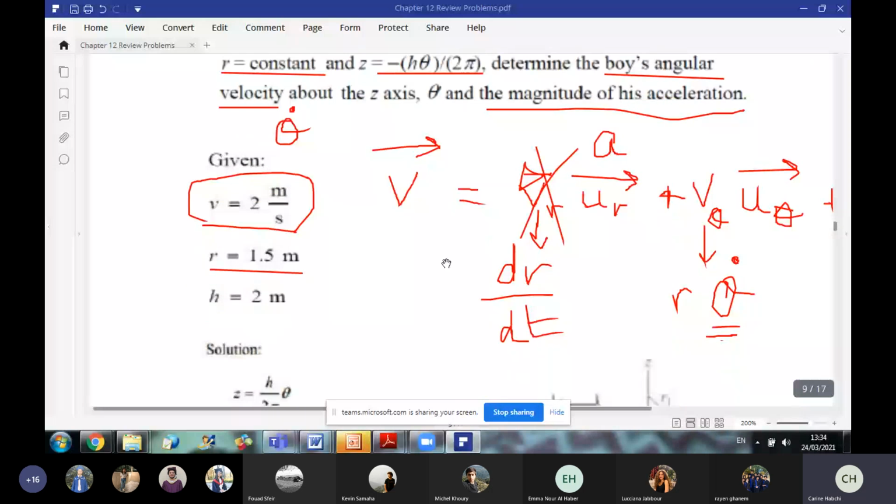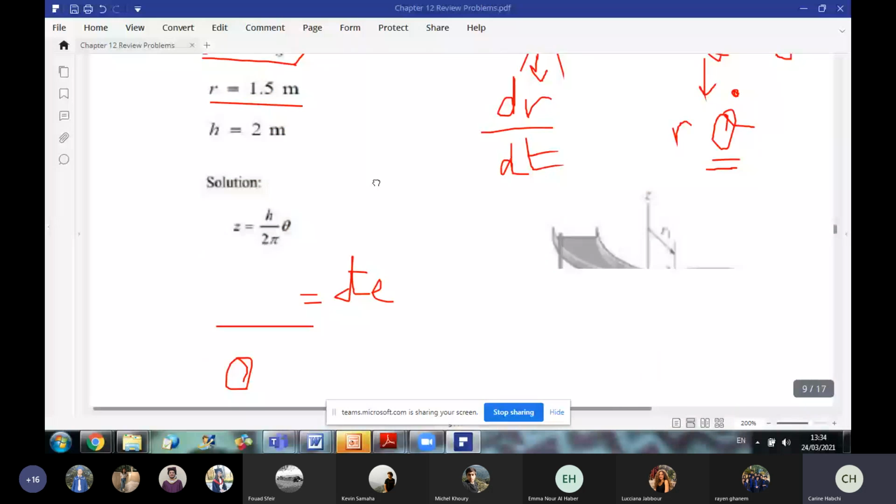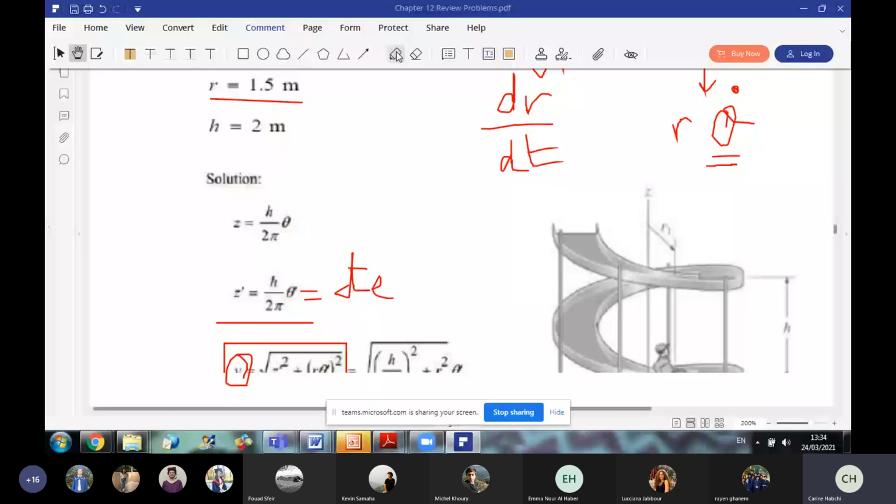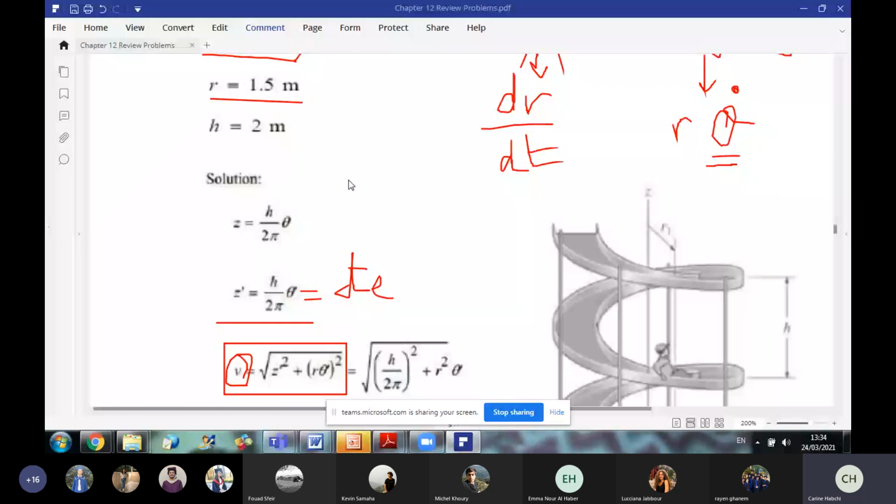First, we know that AR is given by what? When you calculate AR, it is given by AR equals R double dot minus R theta dot squared. But here in this problem, they told you that R is constant. So if you have constant R, this means that R double dot will be 0 in this problem.